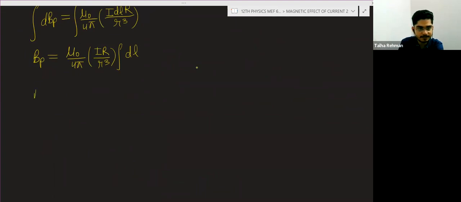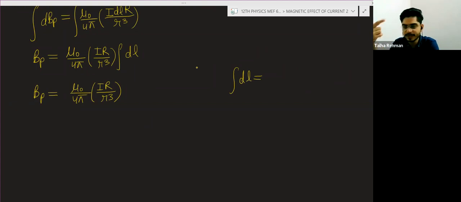So now magnetic field at point P will be mu 0 divided by 4 pi into I into capital R divided by r cube. Now this dl will be the total length of the wire. And what is the total length of the wire? 2 pi R. So here you will multiply 2 pi into R instead of this dl. And there is one more thing here, this small r.